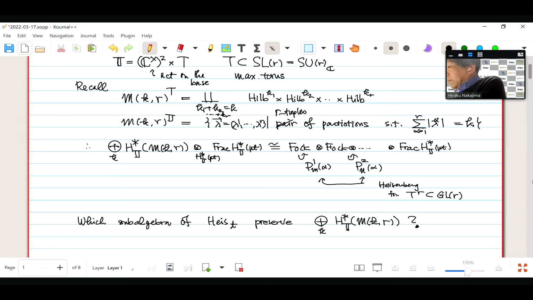So there should be some subalgebra of the Heisenberg algebra which preserves this integral form of the equivariant homology. It should be defined over the genuine equivariant homology, not after the localization. Okay.